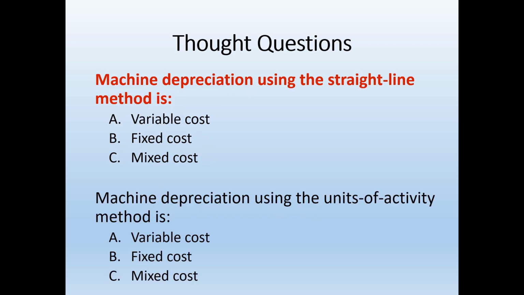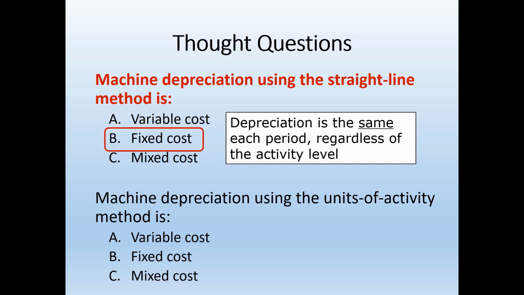What about machine depreciation using the straight line method? You're right, it's a fixed cost because depreciation is the same each period under the straight line method, regardless of how busy the firm is.